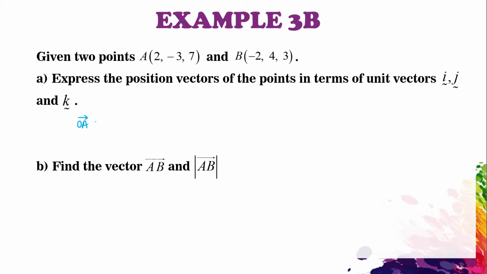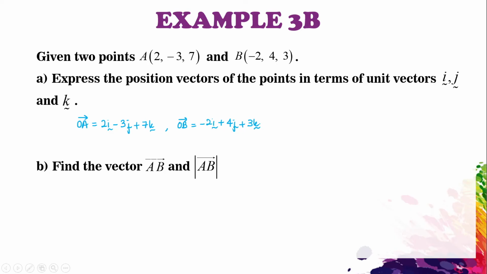So OA equals 2i minus 3j plus 7k. And OB equals negative 2i plus 4j plus 3k.